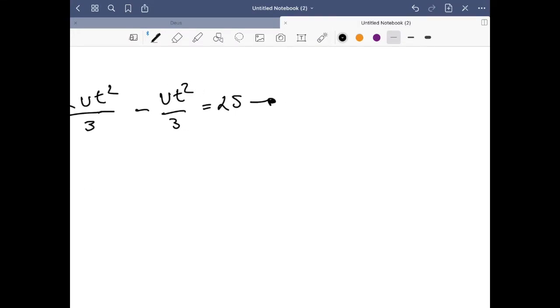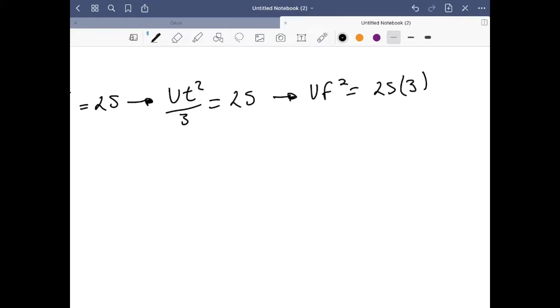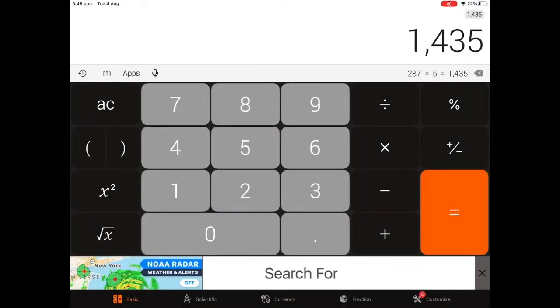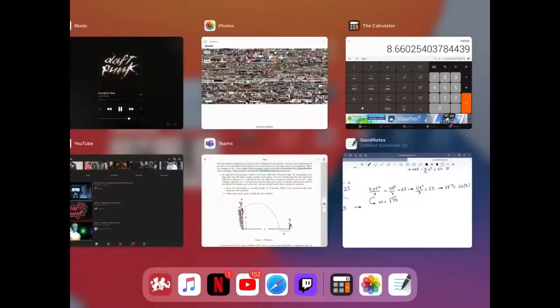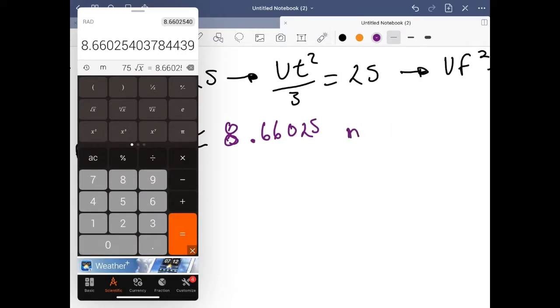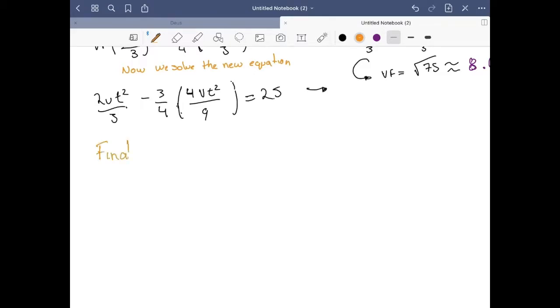8.66025 meters per second. So as the result of all these equations, I got the final velocity. But this final velocity belongs to player B. And now I'm going to calculate the initial velocity, because the problem says that the initial velocity equals 3 times the final velocity.